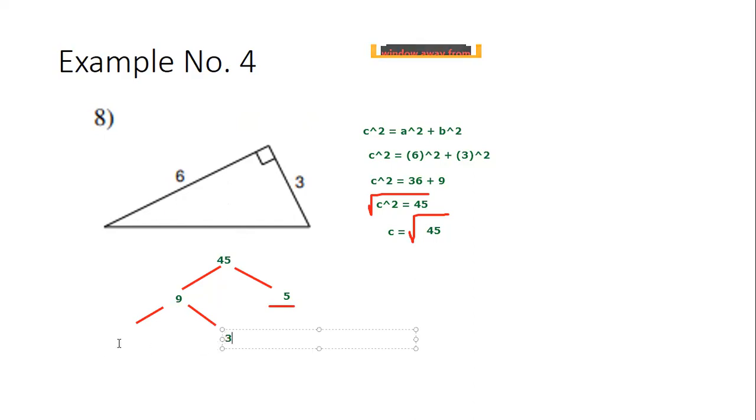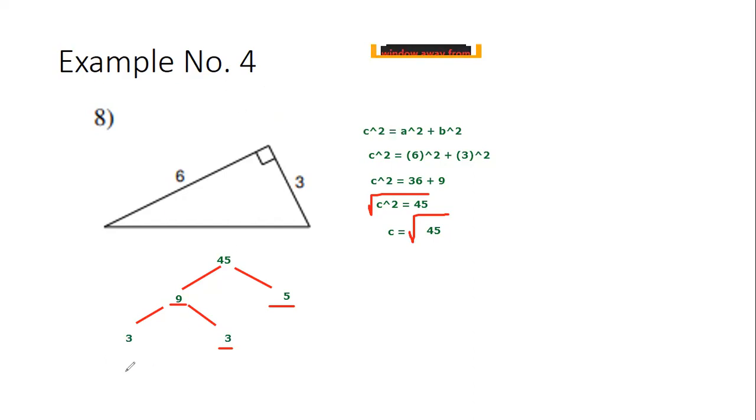How do we determine the missing factor? Just divide this one by this one. 9 divided by 3 is 3. So 3 is the missing factor.